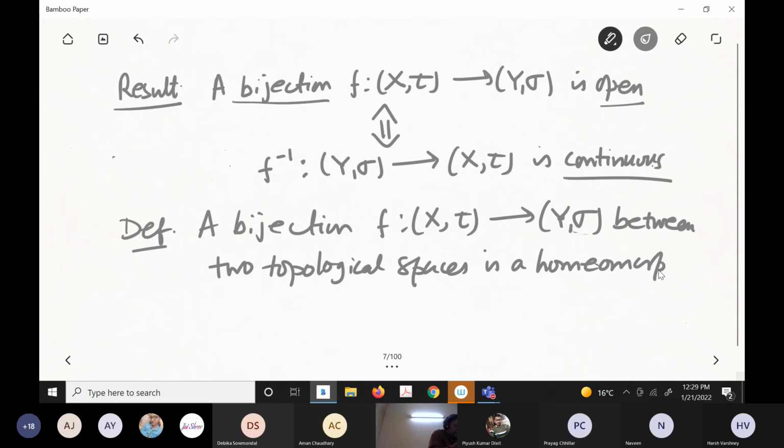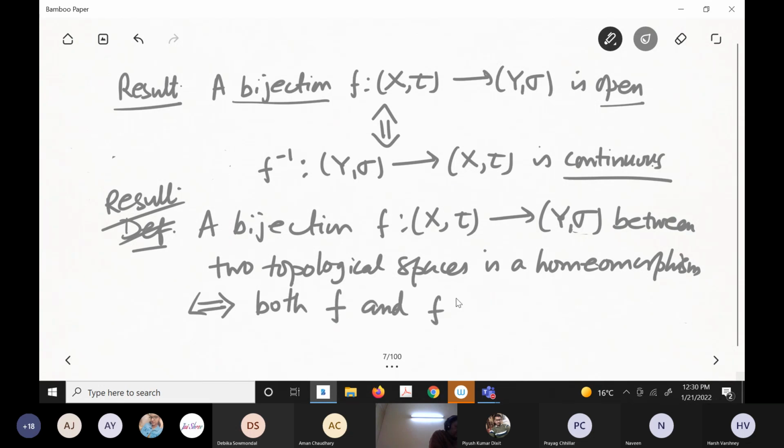That's the definition I have taken: both open and continuous. Now I'm giving this. You can put it as a definition or as a result. Look, some people take this as the definition of homeomorphism and give the other thing, open, as a result. I have taken that as the definition, so I am giving this as a result. But they are equivalent things, so I can write that.